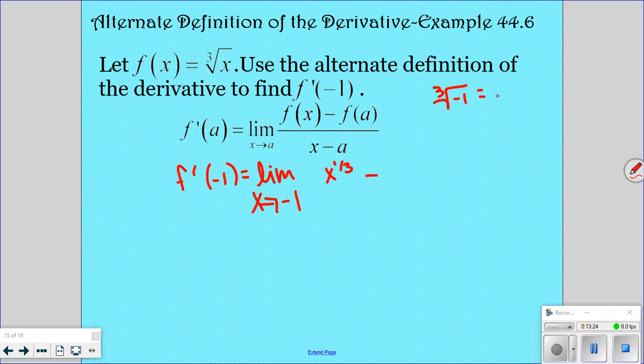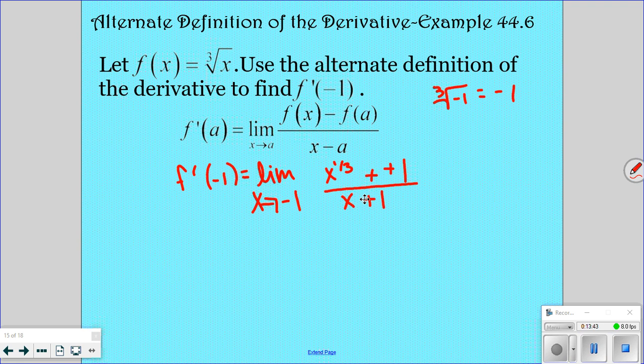The cube root of 1 is 1. The cube root of negative 1 is negative 1. So we really have x cubed minus a negative 1, which is x cubed plus 1, and then over x minus a negative 1, so x plus 1.